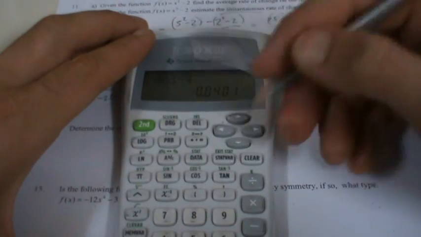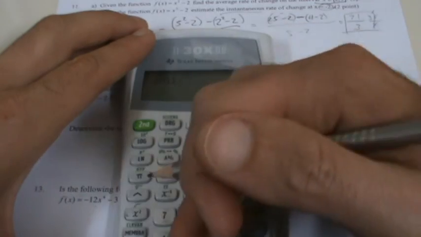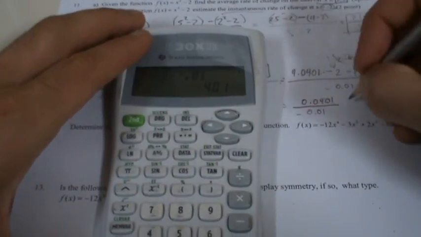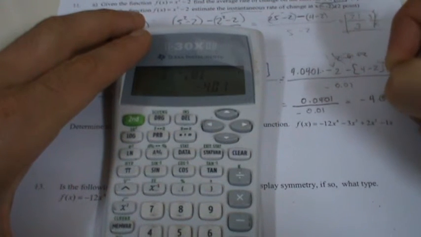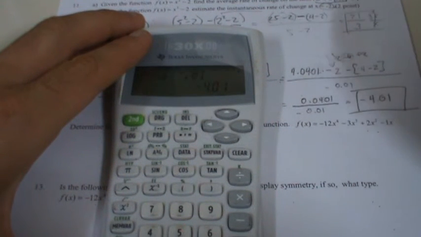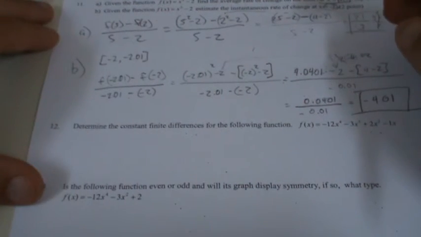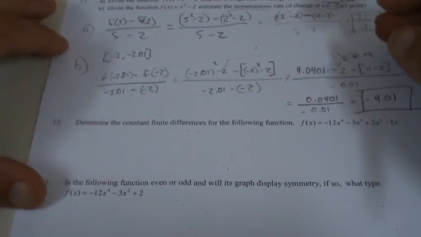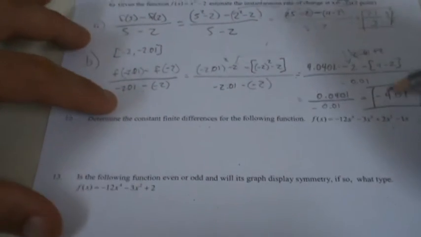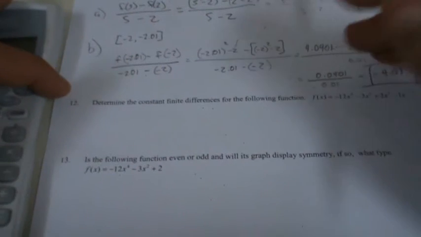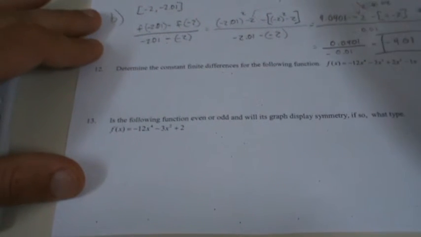Then I'm going to divide by -0.01. -4.01 is my slope, or instantaneous rate of change there. Basically that's the same idea, but you try to do your best on making sure that we don't have any problems here.